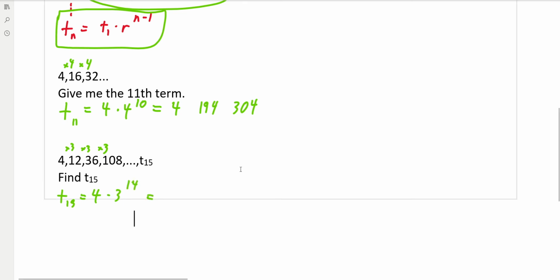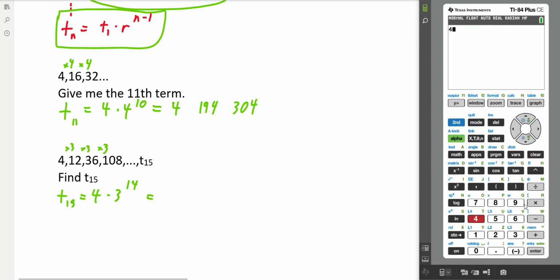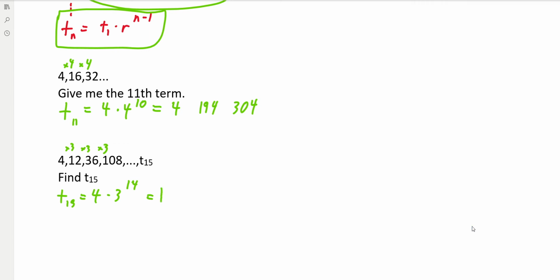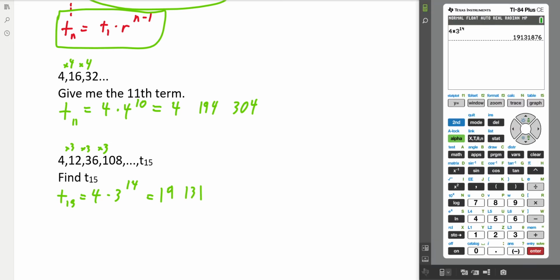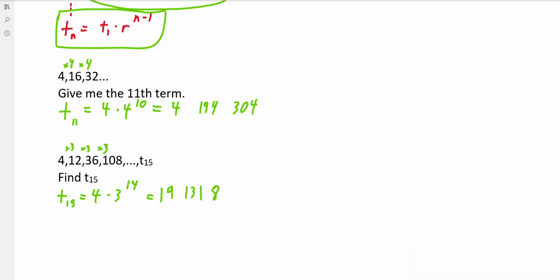So let's see if we can try that out. So 4 times 3 to the 14. It might be too big. Oh no, we're good, we're good. 19,131,876.